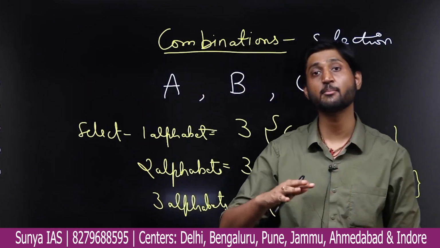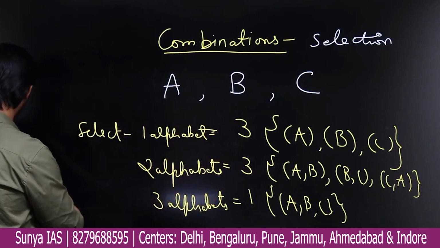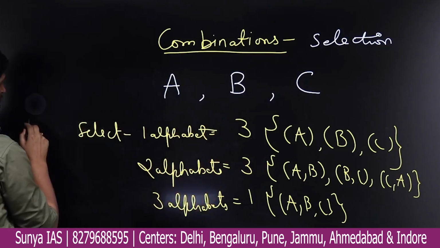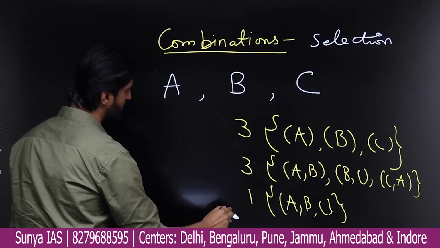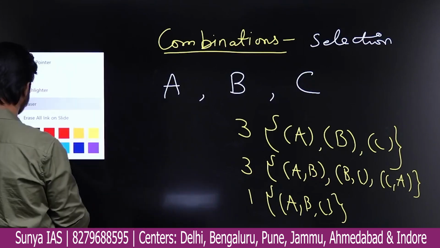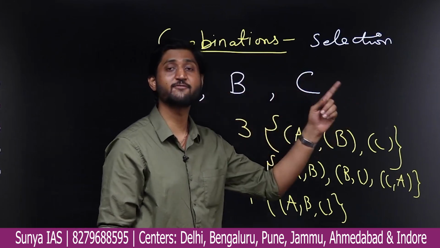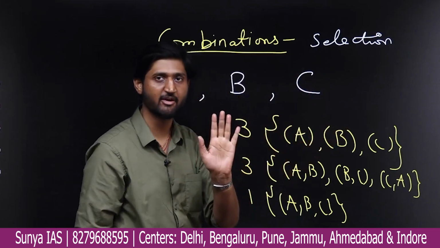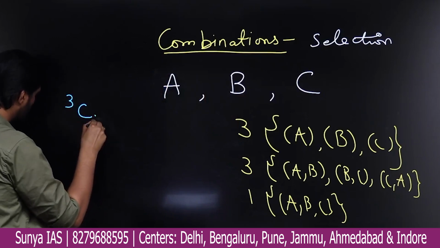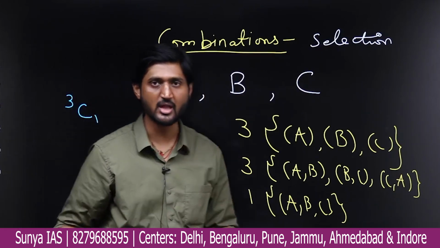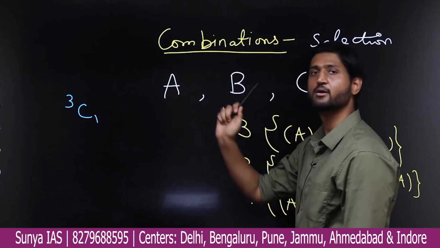Now we will go by the mathematical approach, or the approach of combination. The same idea is to be followed, but now we will follow the basics of combination. If one has to say that out of these 3 alphabets you have to select one alphabet, you write it as 3C1, which simply means out of 3 alphabets you have to select one alphabet.